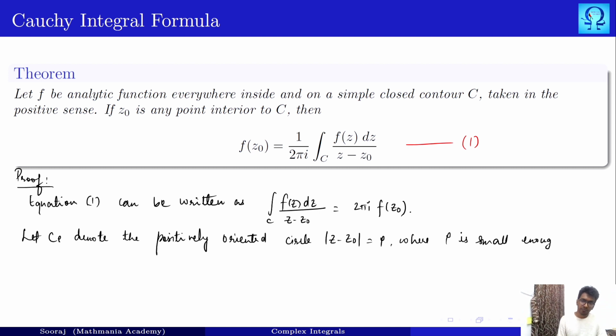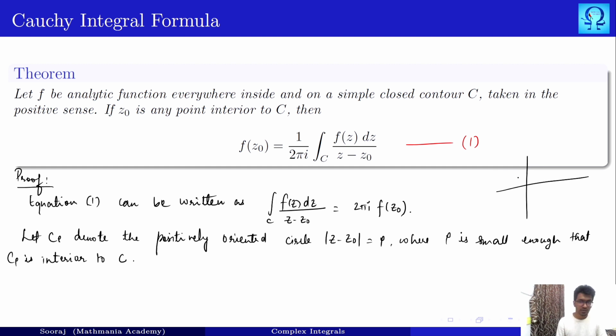It has to be small enough such that C rho is interior to C.